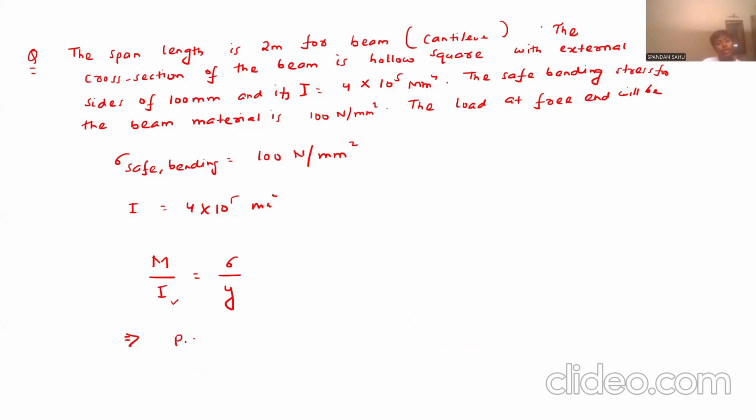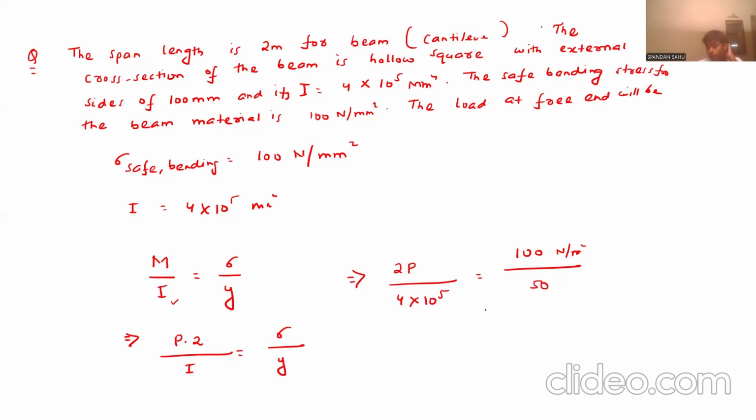M will be P into 2, I will be I, sigma is given and Y will be given. So 2P by 4 into 10 power 5 equals 100 Newton per mm square, and along with that Y will be 50 mm.